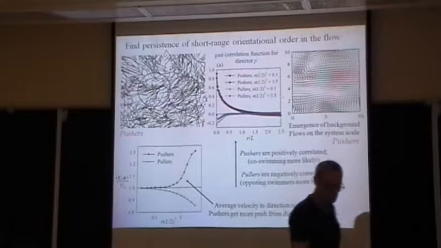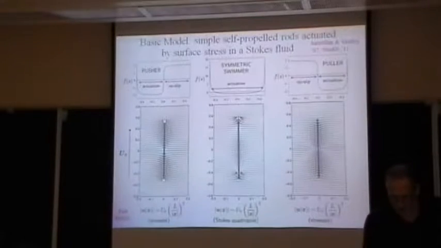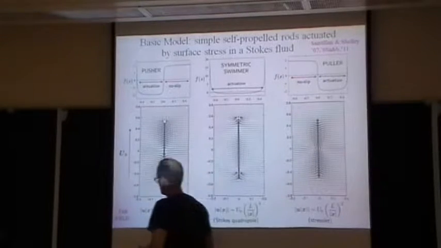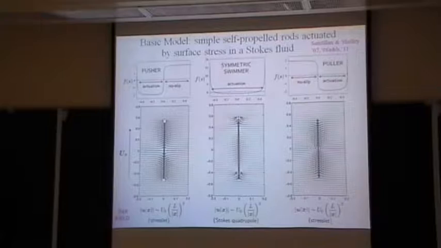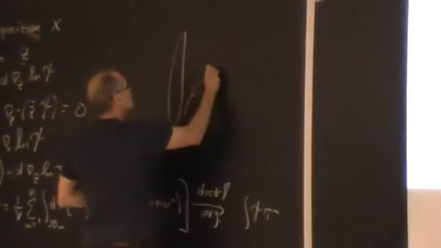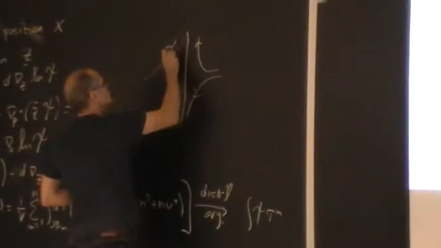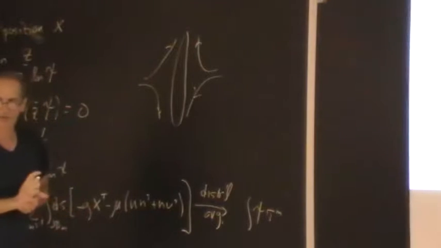Now, why might that be? If you go back to this picture, here's a pusher particle. And so I have a flow that's looking like this around it, that's its local flow field.